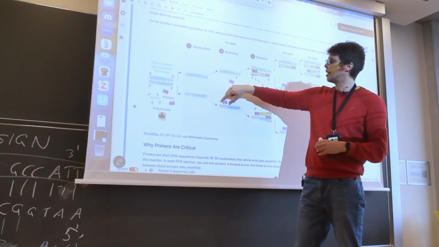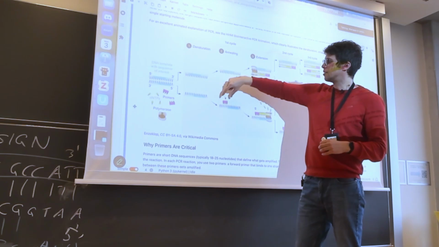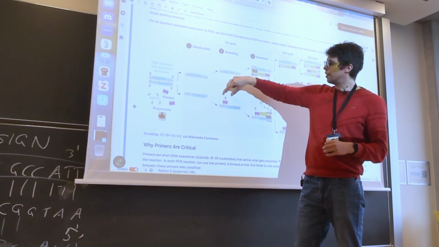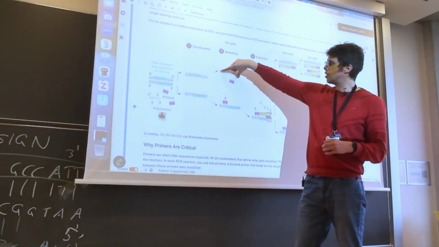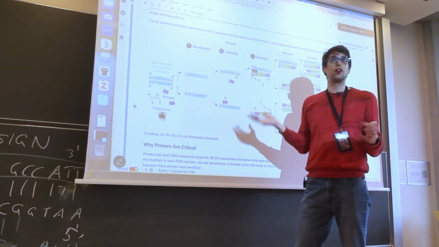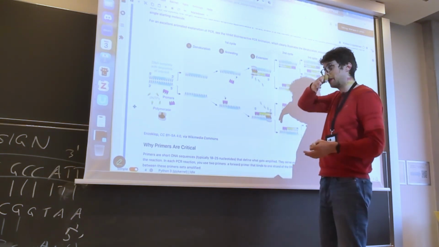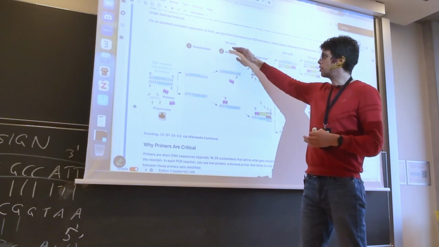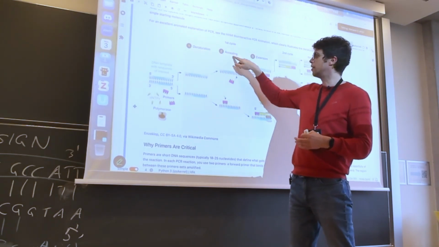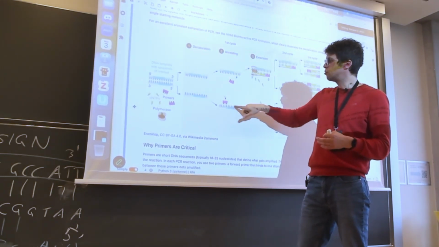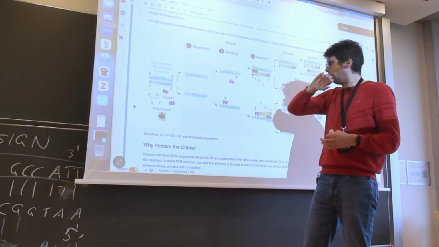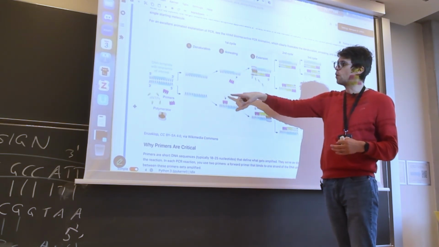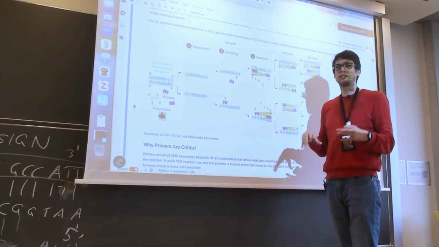We put in enough of them so that we hope the first thing that gets annealed to the two strands is the primer, not the other strand. So we went high temperature, then lower temperature, and then we have two strands, hopefully still separated, with the primers attached to them. These are just pieces of DNA.